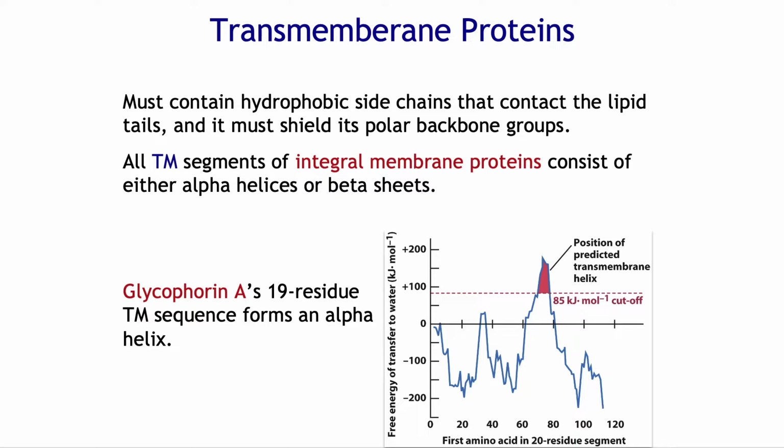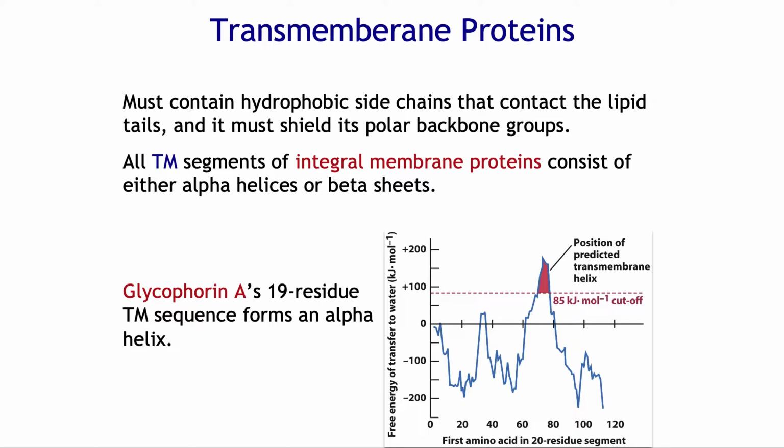So glycophorin was one example, but it could also be either the C-terminus or the N-terminus end of the protein. And some proteins might have multiple hydrophobic segments that span the lipid bilayer. They might span it once or several times, and typically those have, in terms of secondary structure, either alpha helices or beta sheets. So how can we identify those regions within the protein?